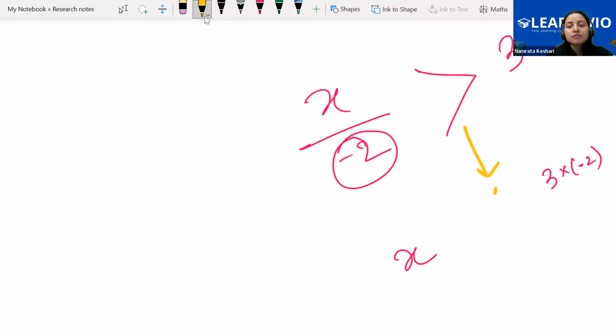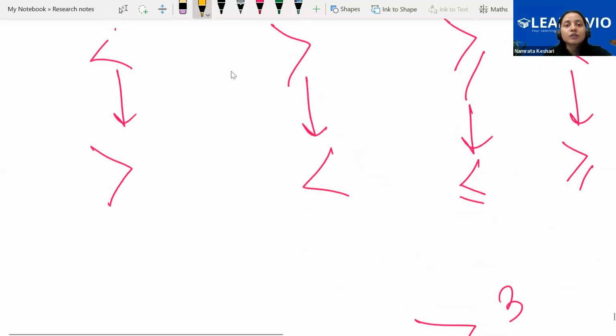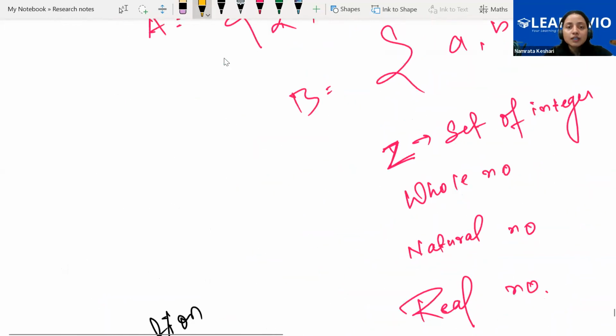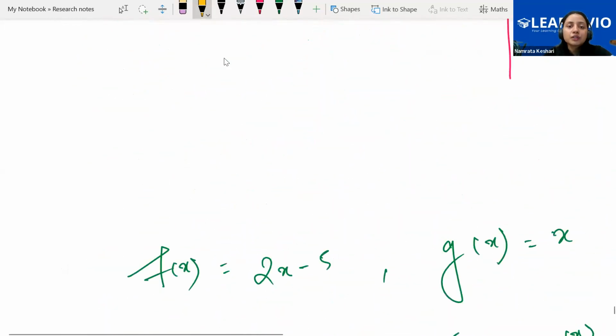Can we say the sign will get reversed since we are multiplying by a negative number? Yes. This is the only place where you have to be careful. If you get this, you will be able to solve the whole inequality chapter by yourself. So this is just the basic of inequality, which we are going to use. Let's use it.